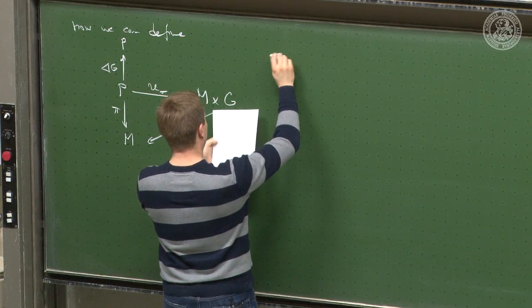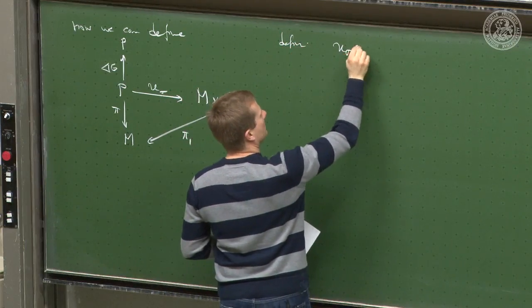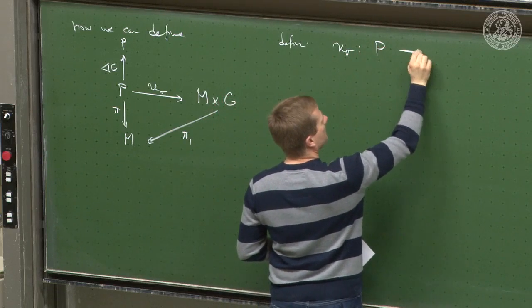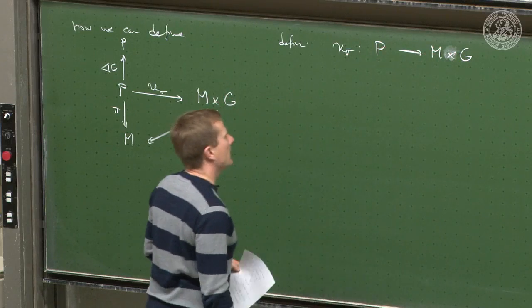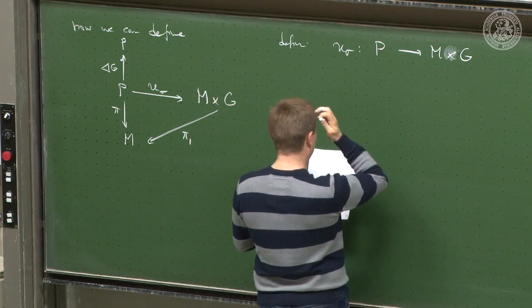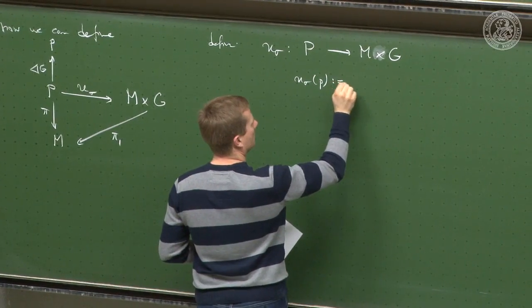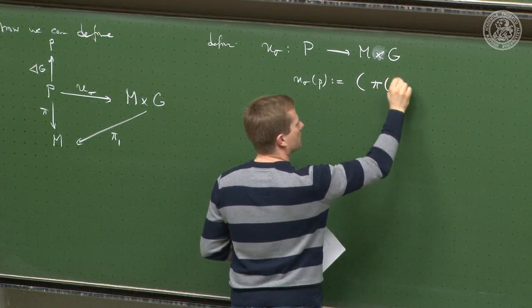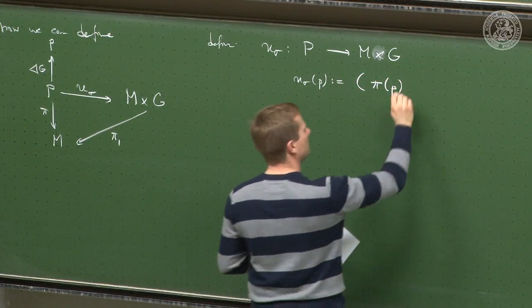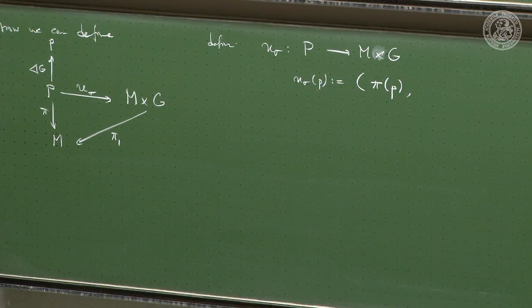And we define the U sigma from P to M cross G, as the map that takes a point P to the projection of the point P, and we have a map psi that takes us from P to the group.